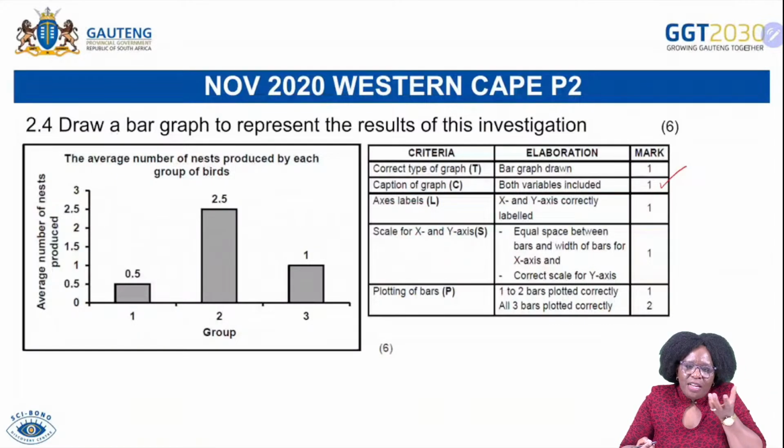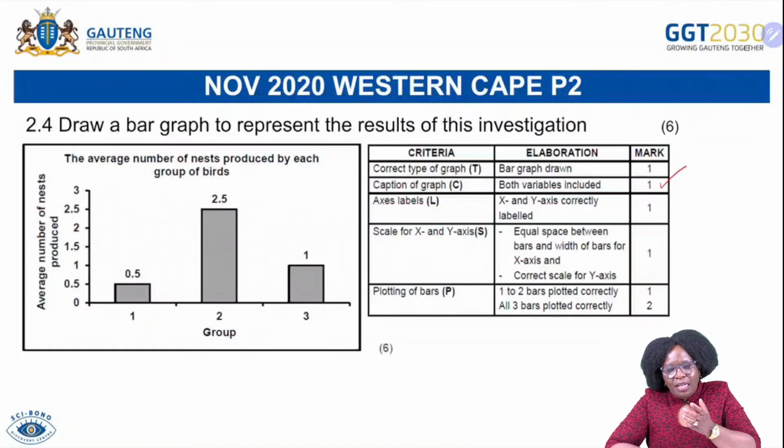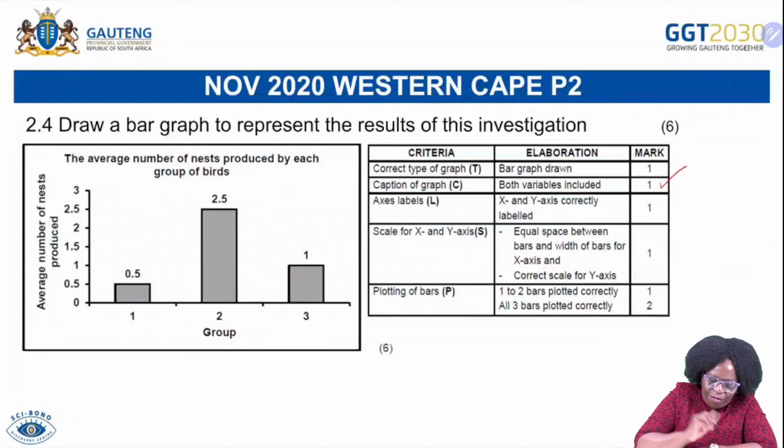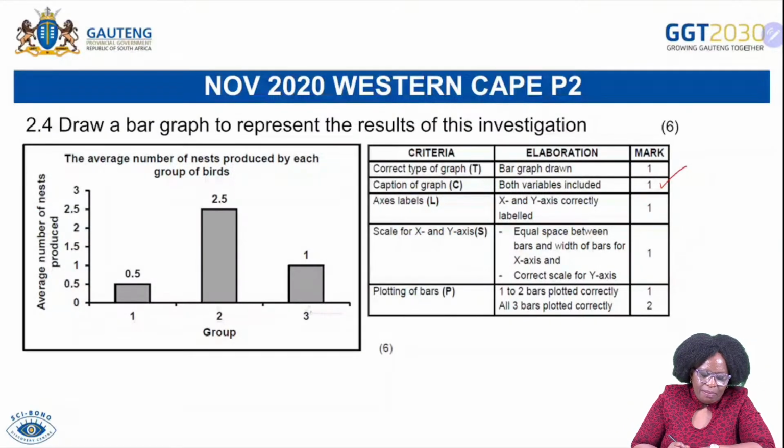It will give us a full story of your caption. Remember, in different scenarios, they might also have the units. Remember to include them on your caption, but here we are fine. And then our bar graph, there we have got group 1, group 2, group 3.